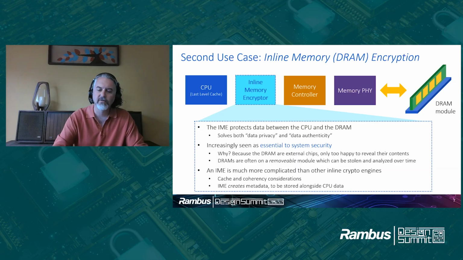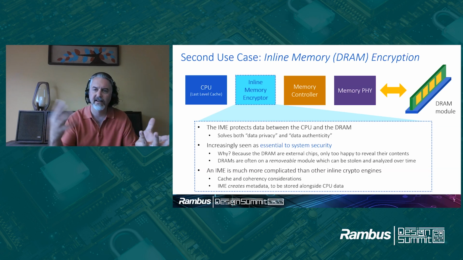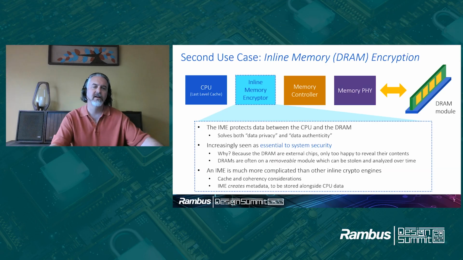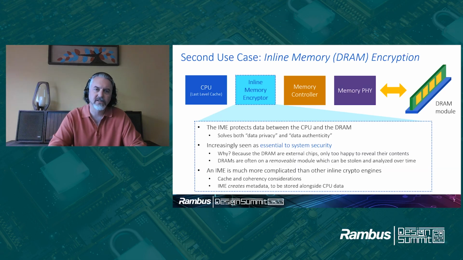And then during a read operation, the IME has to be smart enough to go grab not only the data, but the metadata that authenticates the data read. It's a lot more complicated system. It requires a lot more coordination and configuration of the memory controller. It's a little bit more challenging than the first use case, but challenging is good.